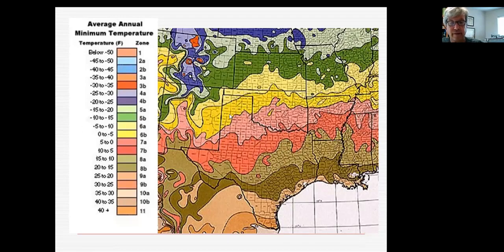About 5 degrees difference. 5 degrees can make a difference because this is saying that this commonly gets 0 to -5, and this is -5 to -10, even colder. I was going to say that can't be right. So you can see as you get further up, it's colder temperatures, the average cold temperature, okay?